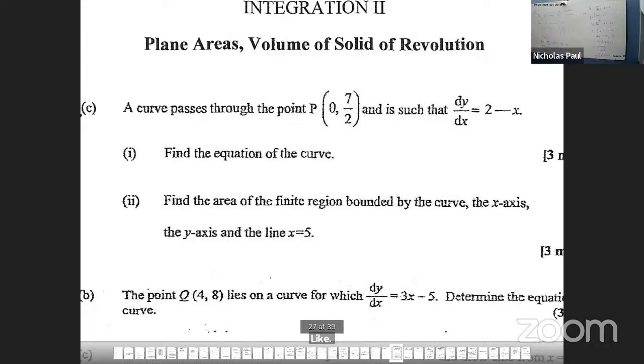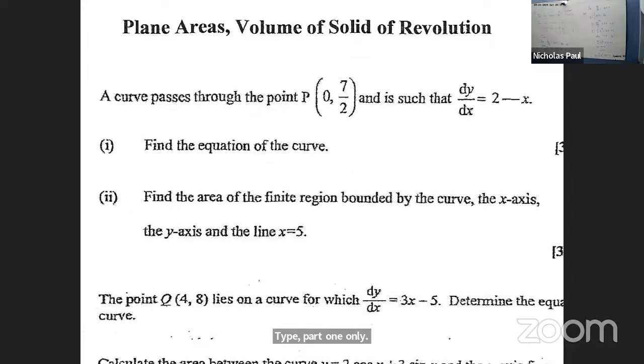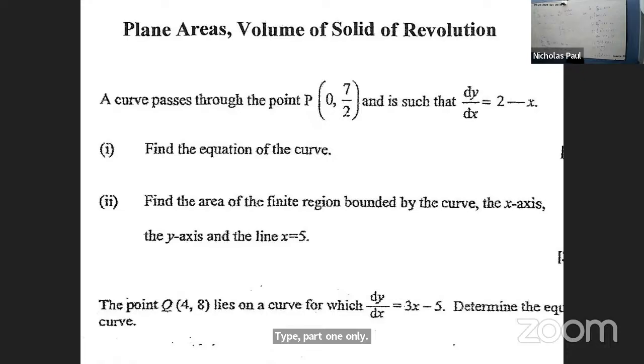Try part 1 only. Take the time, try part 1, and I'll go around and check everybody.